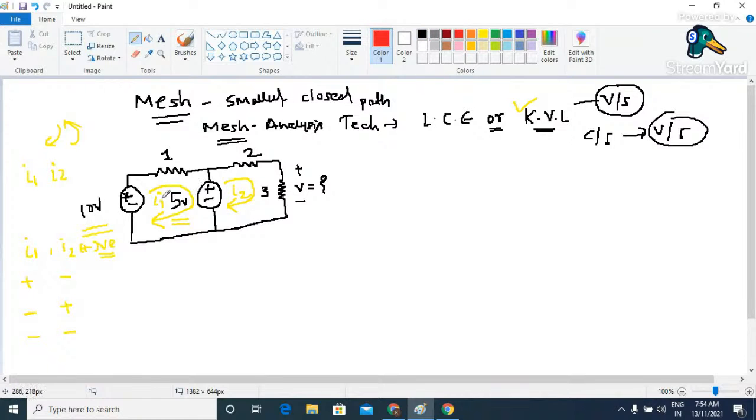Now we have to apply the law of conservation of energy in both the meshes. In this circuit, we have two meshes. This is your first closed path and this will be your second closed path.